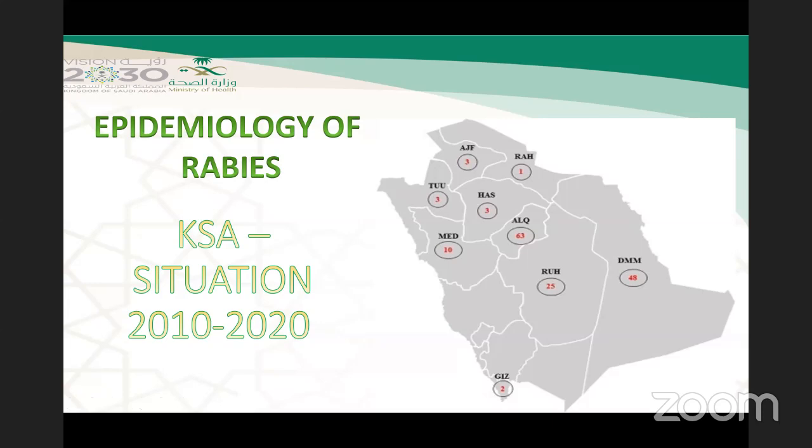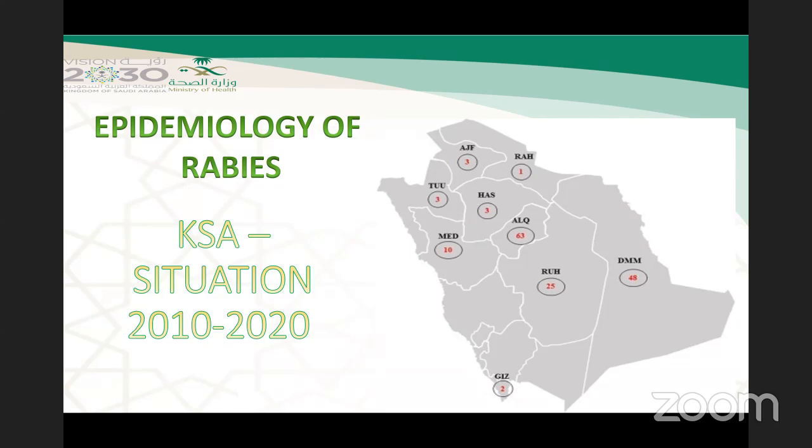Here is a comparison between general animal bites and the number of dog bites, with cases from 2014 up to June 2020. In 2014, 5,844 animal bites were reported.